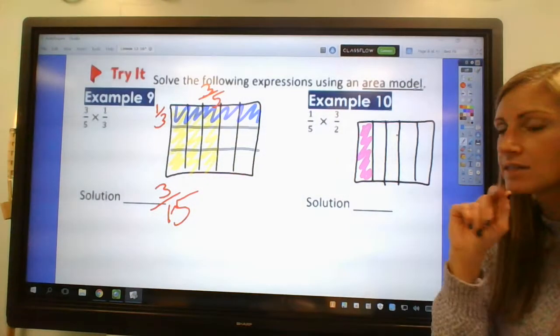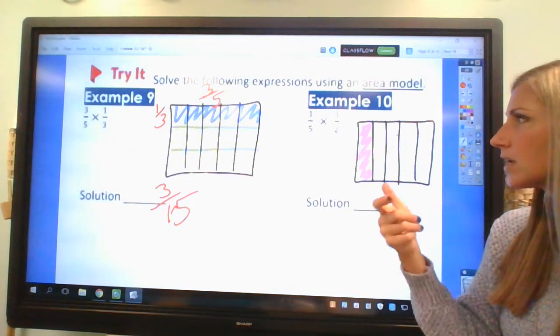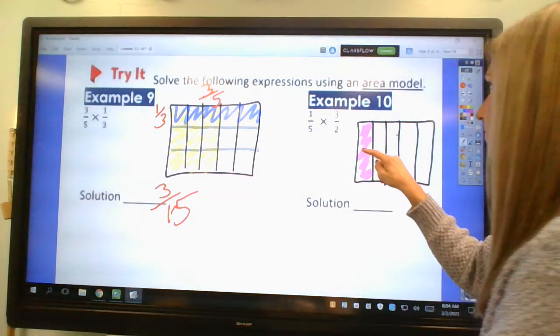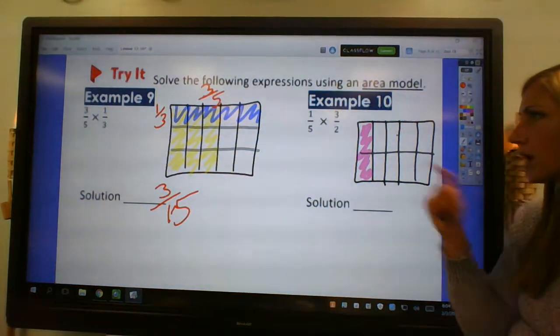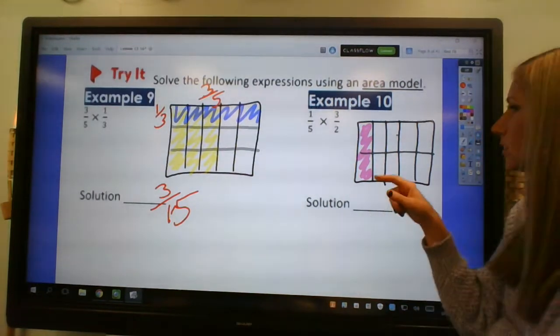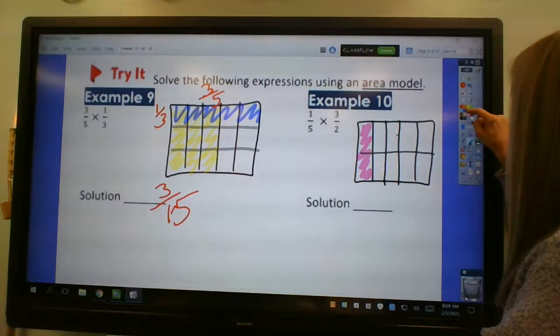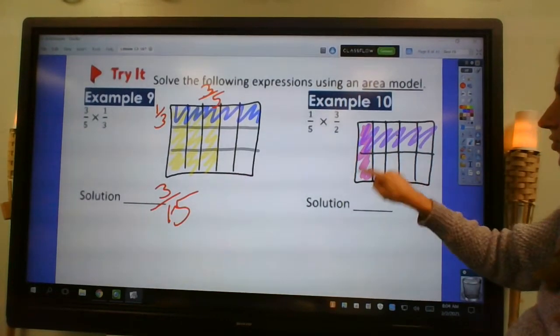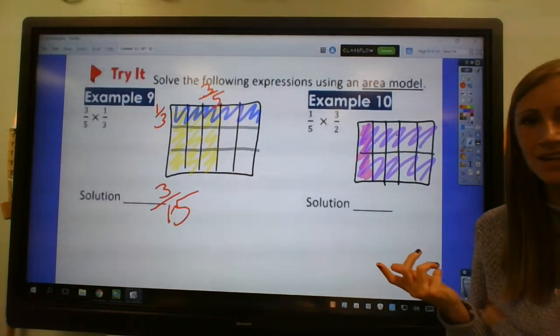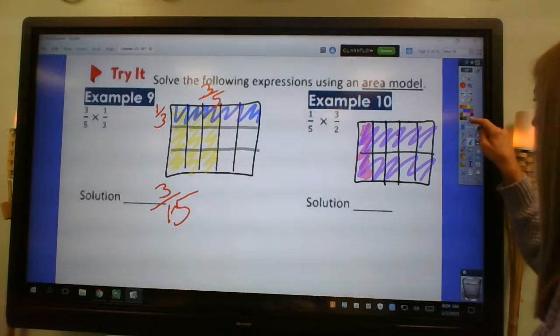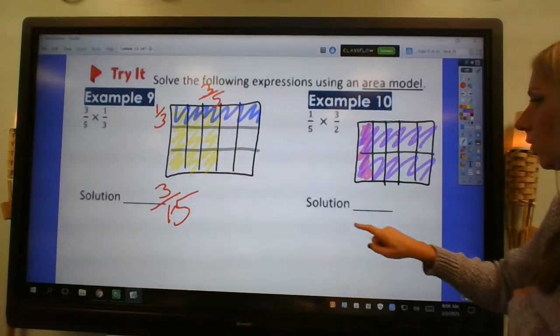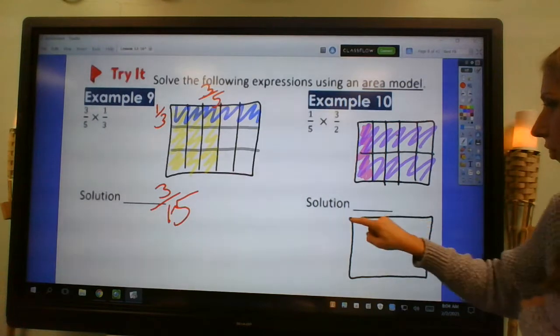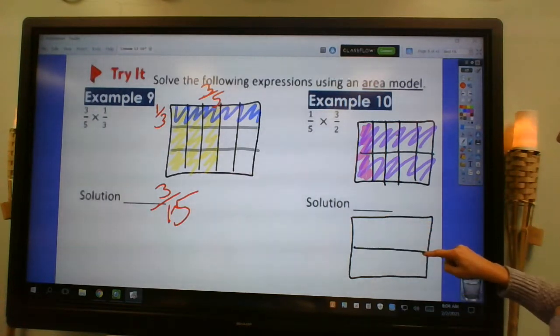And then I'm going to show my halves. I need 3 of them. Well, here's one. Here's 2/2. I need another one. In this case, you're going to need another whole to show that third half, right?